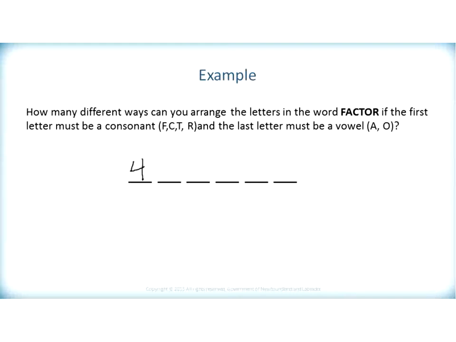There are 2 options for the last position if they are to use a vowel. That will give 2 out of the 6 letters already used, leaving 4 for the second position, 3, 2, and 1. Giving us 192 different possibilities.